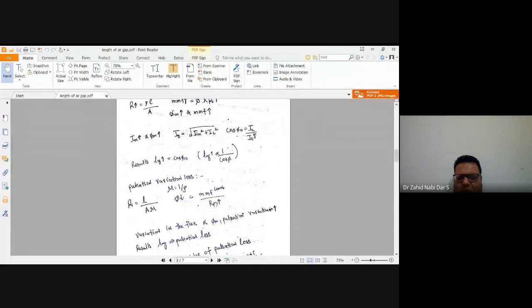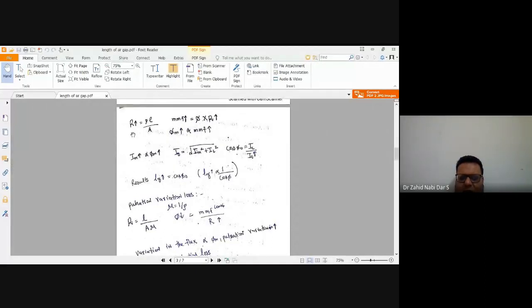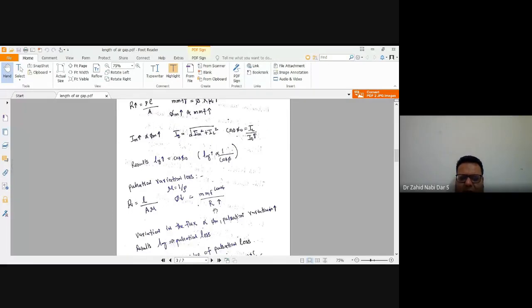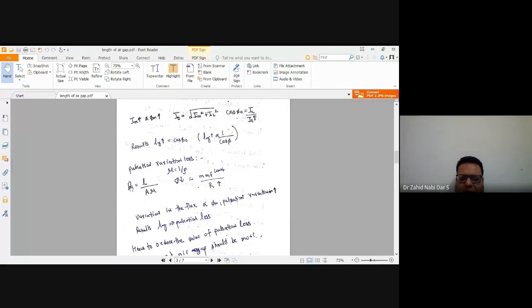If you increase the reluctance, keeping the mmf constant, your flux decreases. And reluctance depends upon the length: if you increase the length, your reluctance increases because it is proportional.